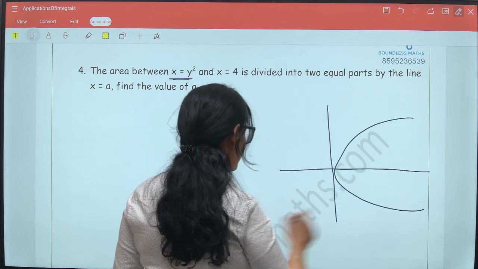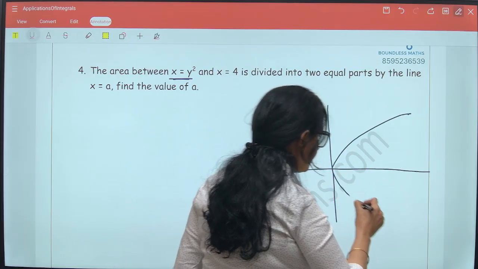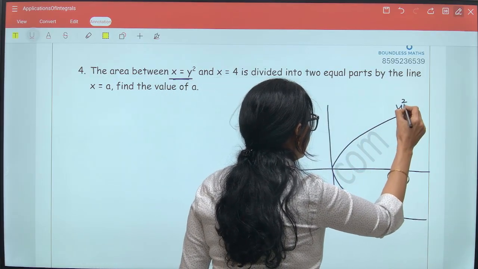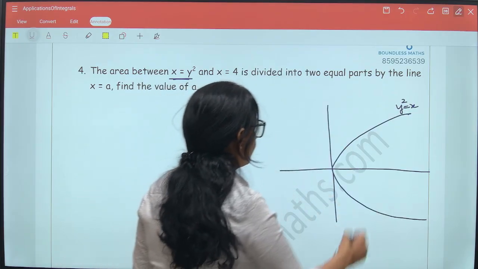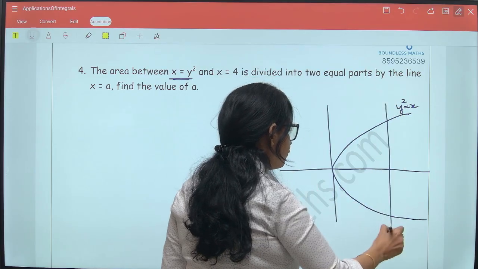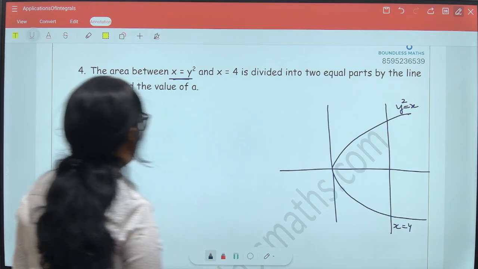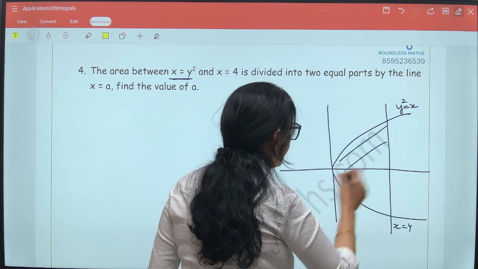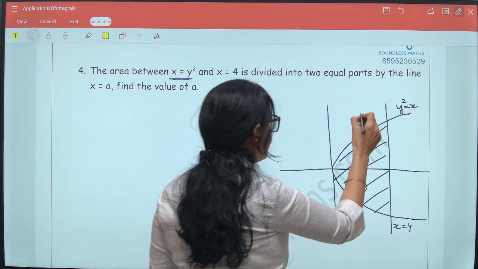Vertex at the origin. So we are only dealing with parabolas with vertex at the origin. So this is the required parabola, y square equals x, bounded by x equals 4. So this is x equals 4, and this area is divided by the line x equals a into two equal parts.